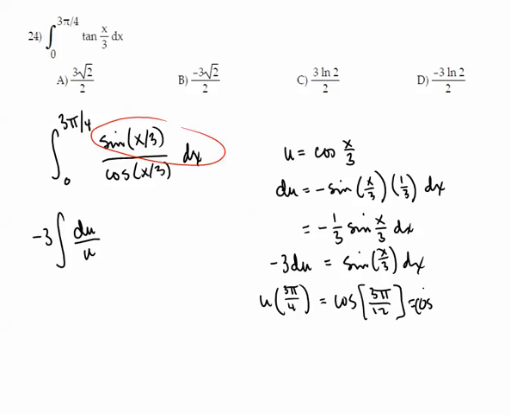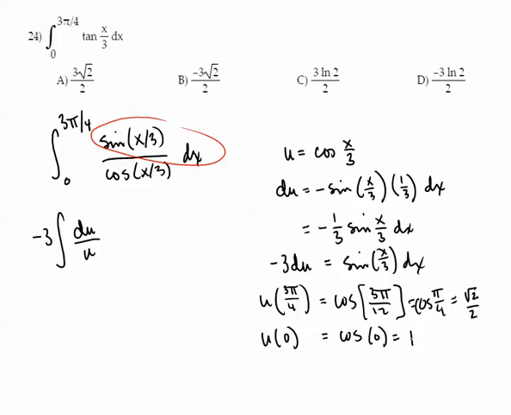Cosine of pi over 4 is root 2 over 2. When x is 0, what is u? Well, u will just be cosine of 0, and that will be 1.